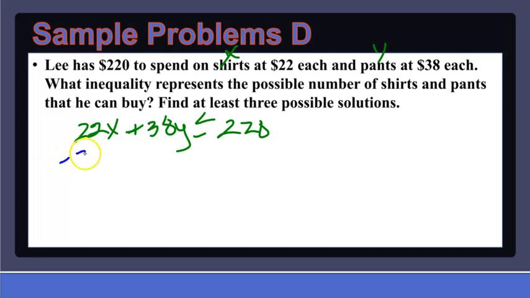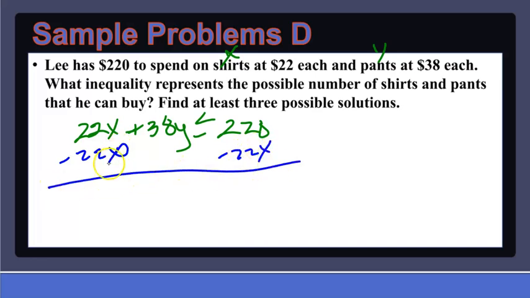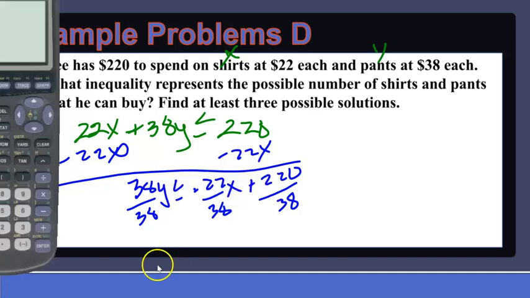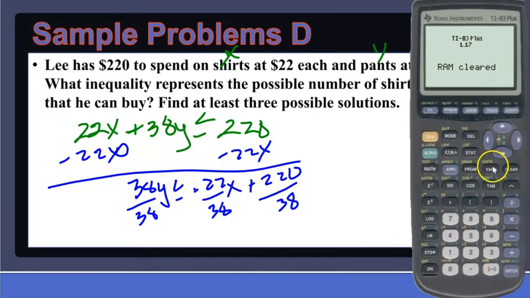So that would be our inequality, but if we were to put this in slope-intercept form, I would just have to subtract 22x on both sides. And we would have 38y is less than or equal to negative 22x plus 220. Divide everything by 38. I'll show you how you can graph this on your graphing calculator, but first, let's rewrite this in simplified slope-intercept form.